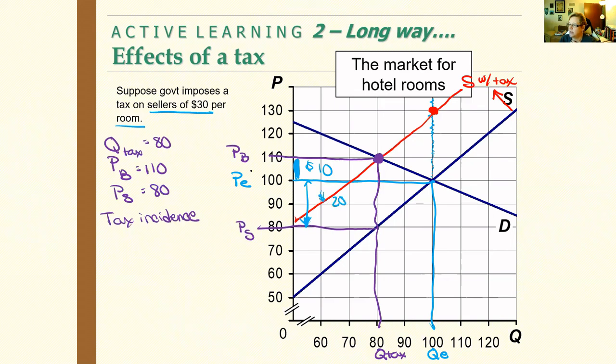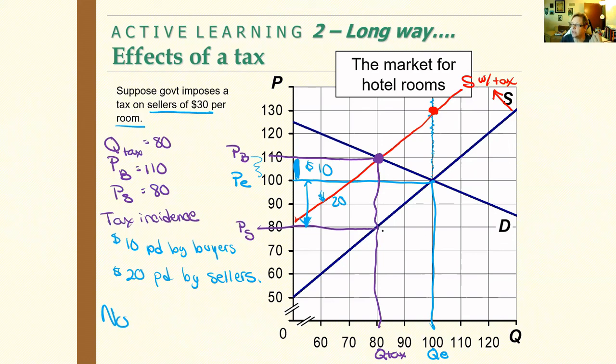So the $10 is paid by buyers and $20 is paid by sellers. Okay. Is this market efficient? No. Not with the tax, because we can no longer get to quantity equilibrium.